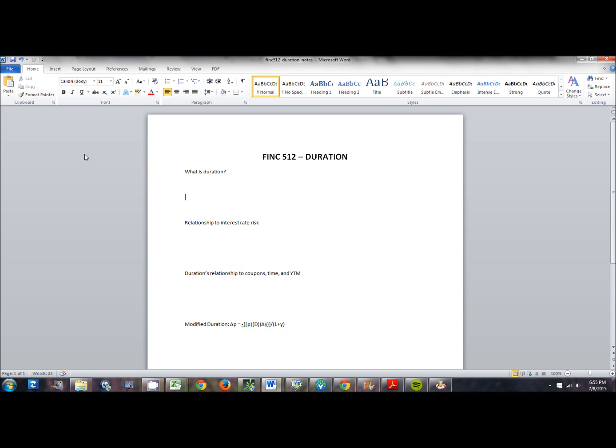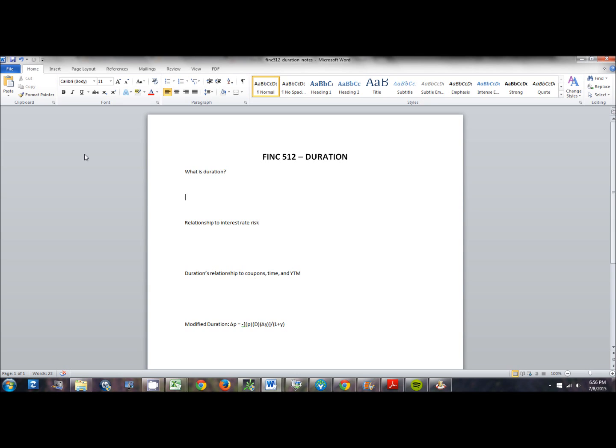What duration is able to do is it's able to give us, in one number, because duration is measured by time, so it's usually given in years, a really nice approximation of that bond's sensitivity to changing interest rates, or a nice approximation of that bond's interest rate risk.